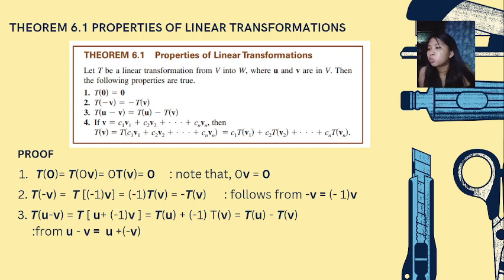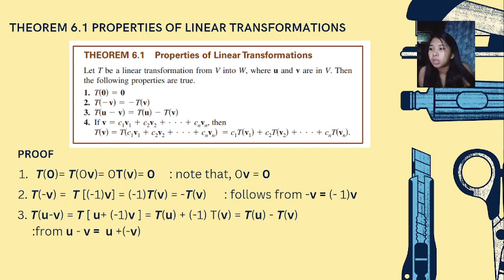Okay, so for the third property, we have here the linear transformation of u minus b is equal to T times the vector u plus negative 1 times the vector b, since u minus b is equal to u plus negative vector b.